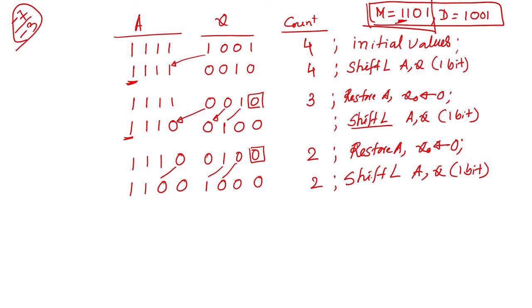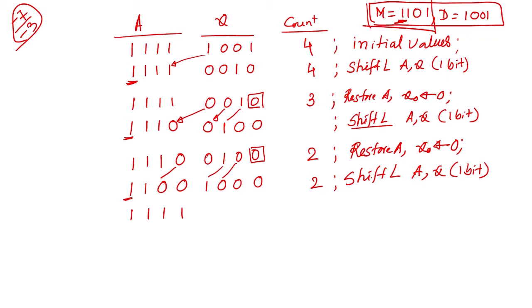After that what? Shift left, then you have to check if A and M have the same sign, then what you have to do? You have to subtract. Subtracting is the same as taking 2's complement and adding it. So, you can add 0 0 1 1. So, you will get the value 1 1 1 1.